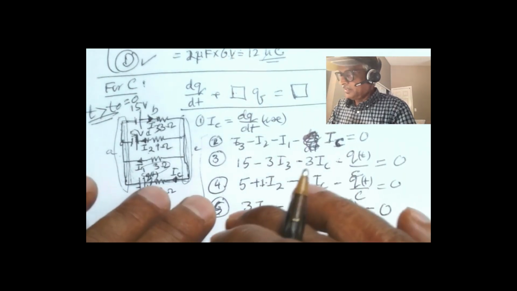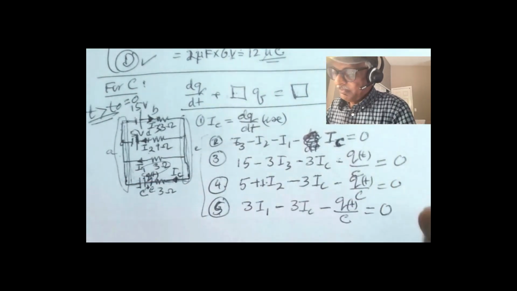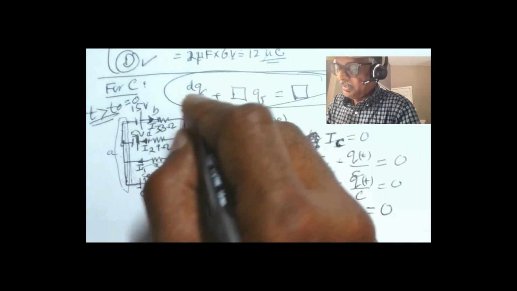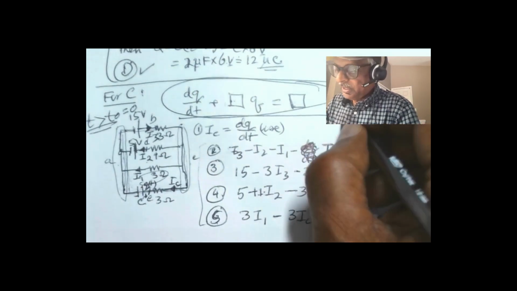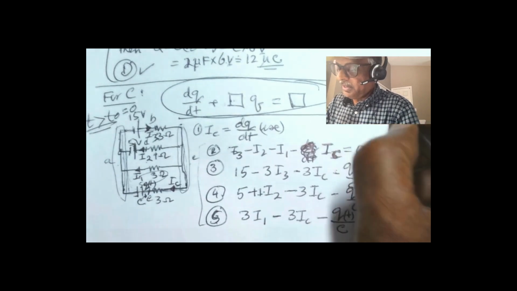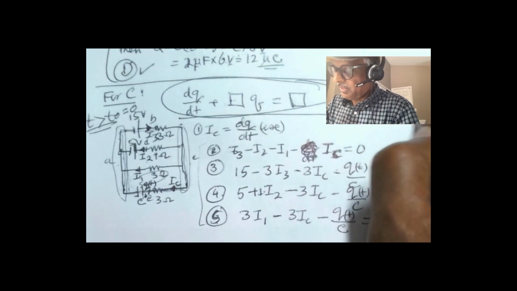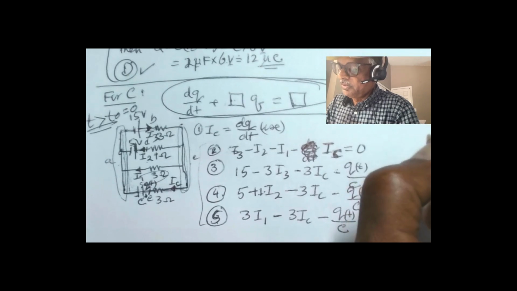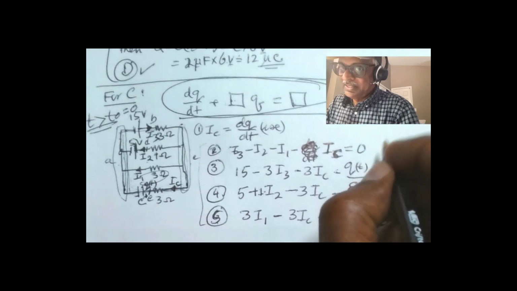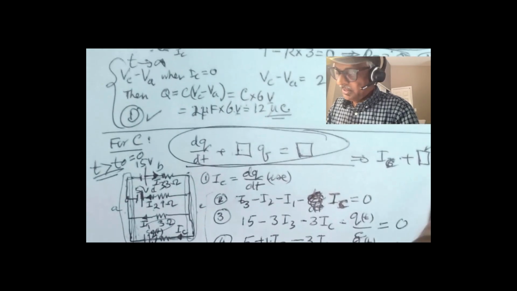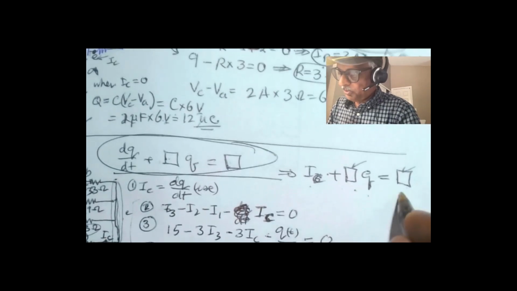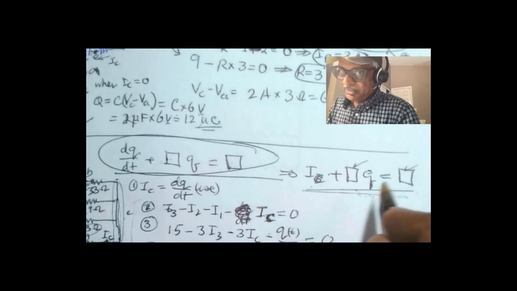From these I need to get an equation like that. So this equation will look like something times IC plus something times Q equals something that doesn't have a Q. These are all known, and from there we have to get this.